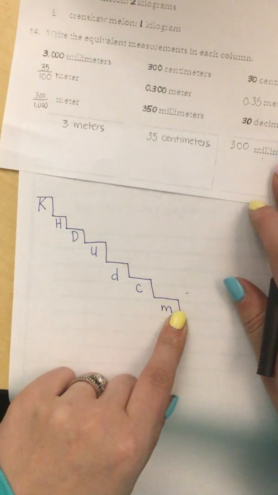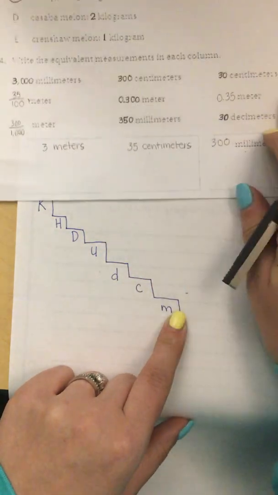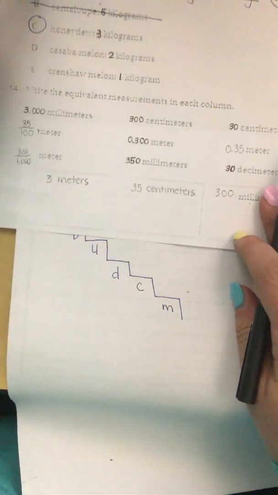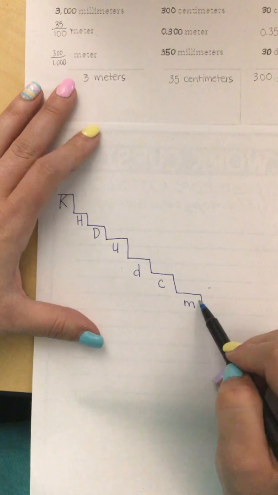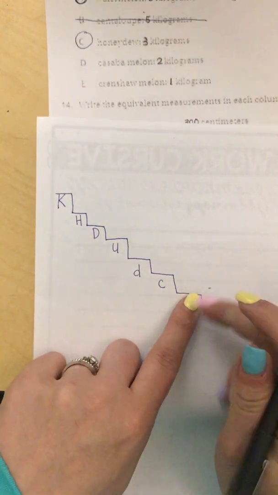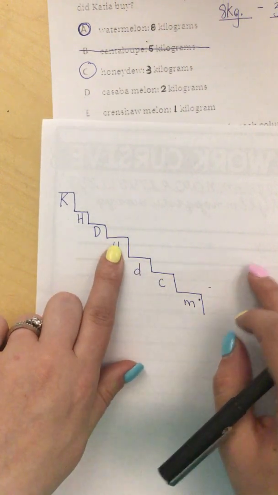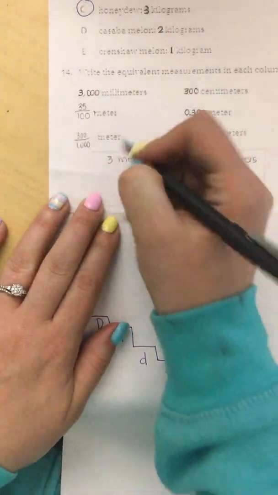And my choices are to move it to 3 meters, 35 centimeters, or 300 millimeters. So when I do that, 3,000 here, I'm dividing by 10 to get to meters. So this would be 3,000, 300, 30, 3. So 3 meters is 3,000 millimeters.